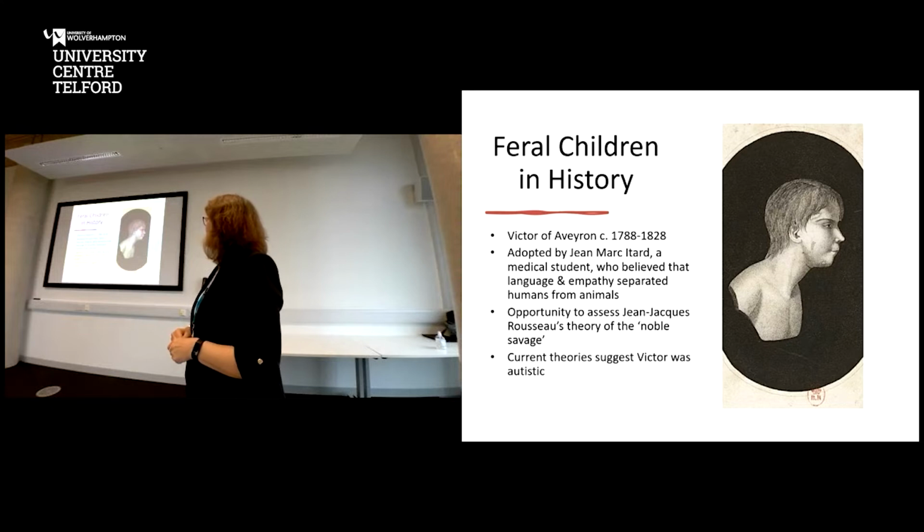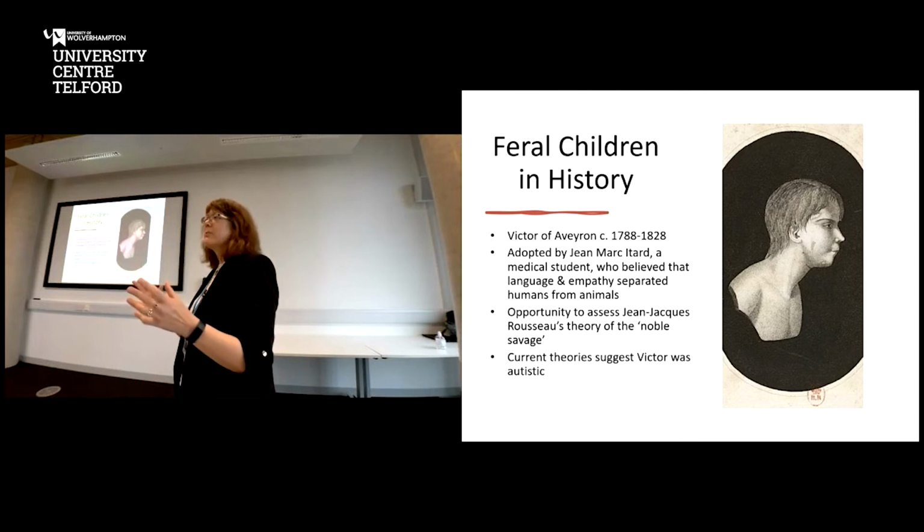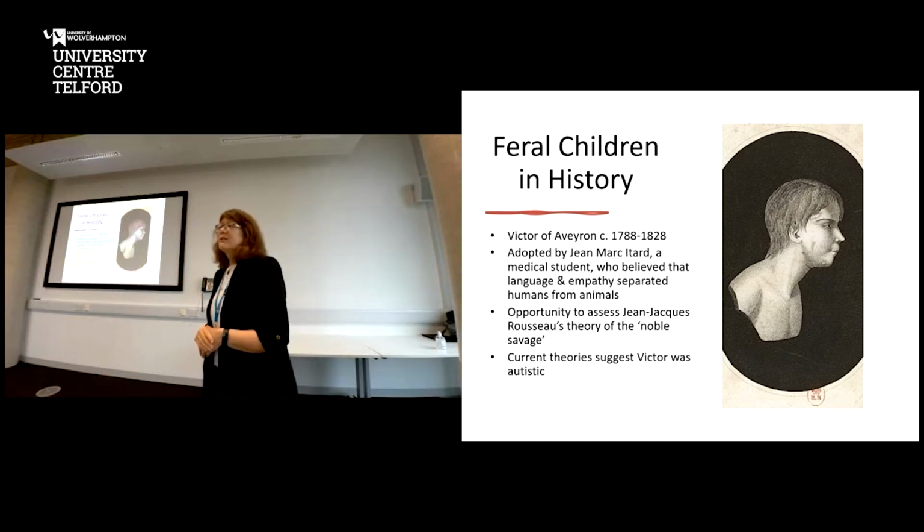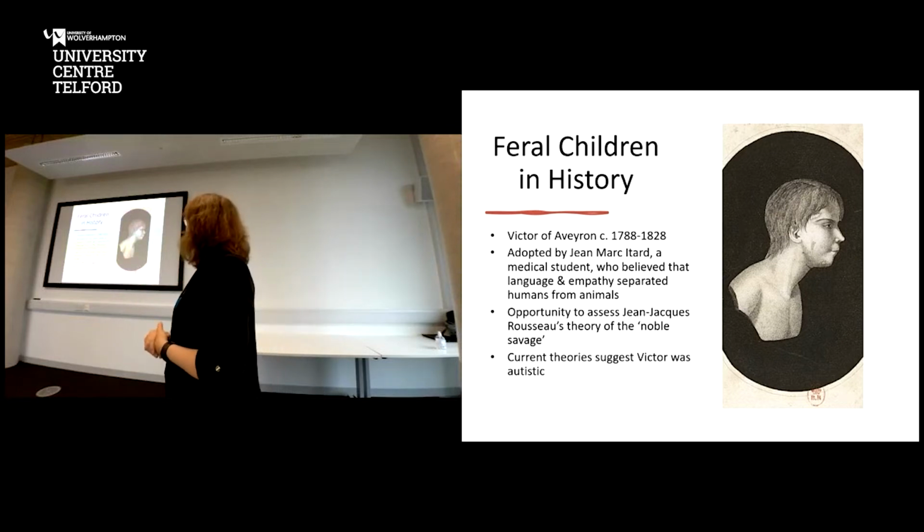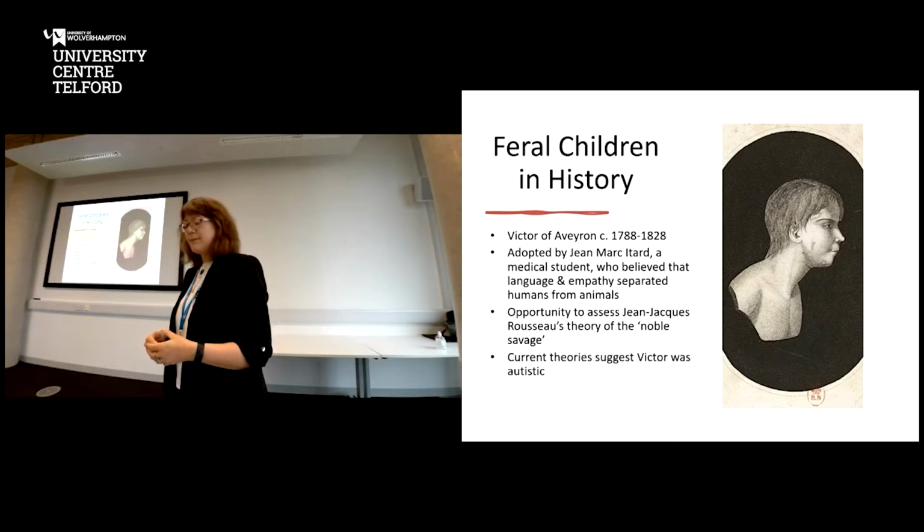And it was thought at the time that if you introduced Victor into the streets of Paris and Parisian society, he would suddenly be overwhelmed by the magnificent superiority of the culture. That didn't happen. He never really learnt to speak.